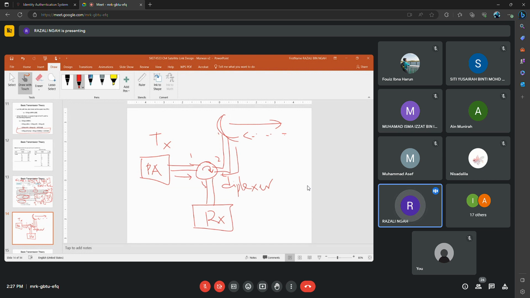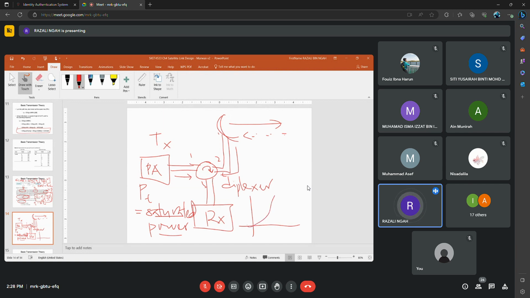Okay, so in satellite communication, normally the transmitted power comes from the power amplifier. This PA stands for power amplifier. Normally, the power given in the specification is saturated power. Why do we call it saturated power?